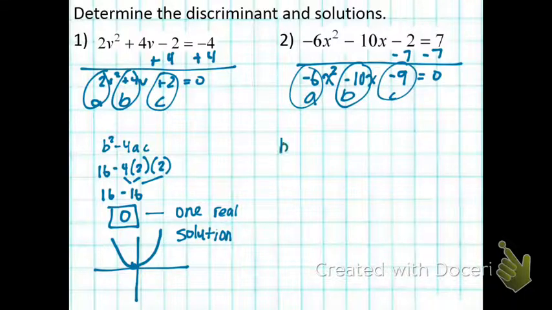So you got b squared minus 4ac is our discriminant formula. And we just plug in our numbers. B squared is negative 10 squared, which is 100, minus 4 times A is negative 6, C is negative 9. Okay, working this out, we have negative 4 times negative 6 is positive 24.